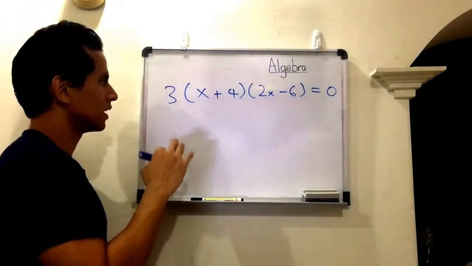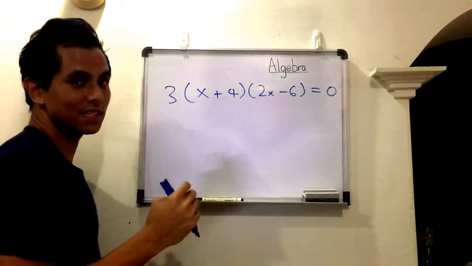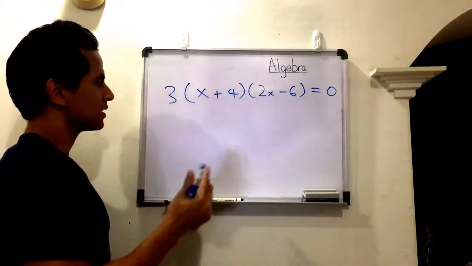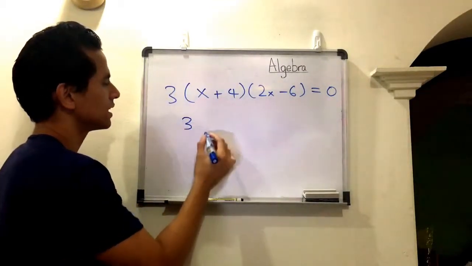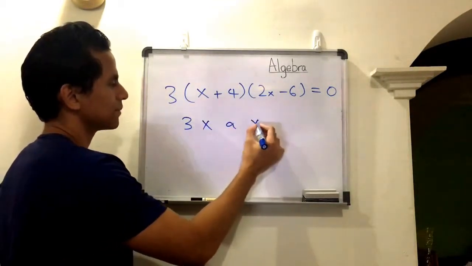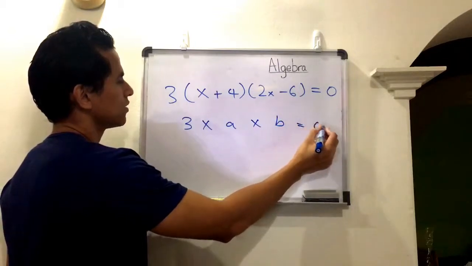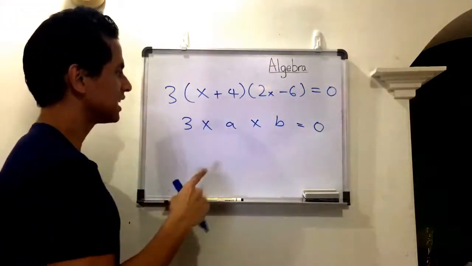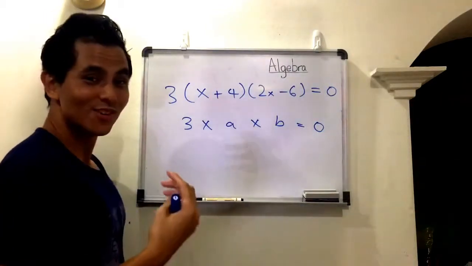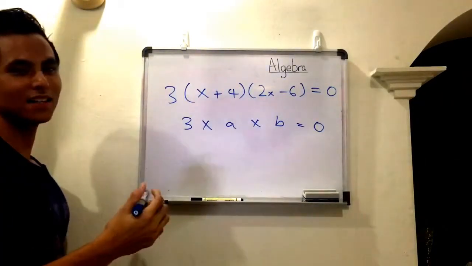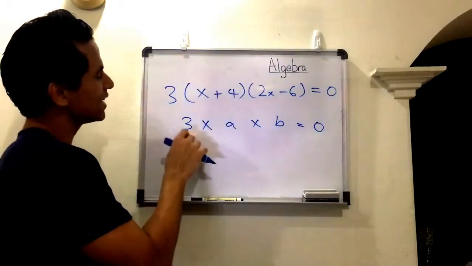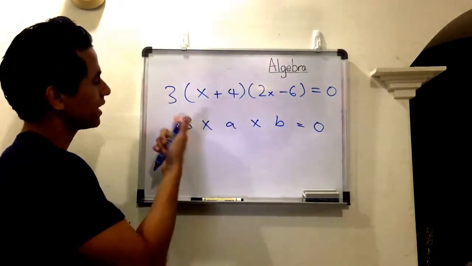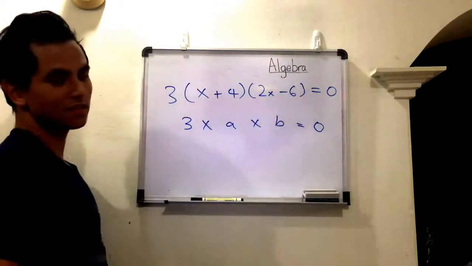But when faced with a quadratic equation like this, we can think about it this way. If I say 3 times a times b equals 0, if you think logically, either a or b will have to be 0 again. So even if we have a number here, a 3, it wouldn't affect our answer.